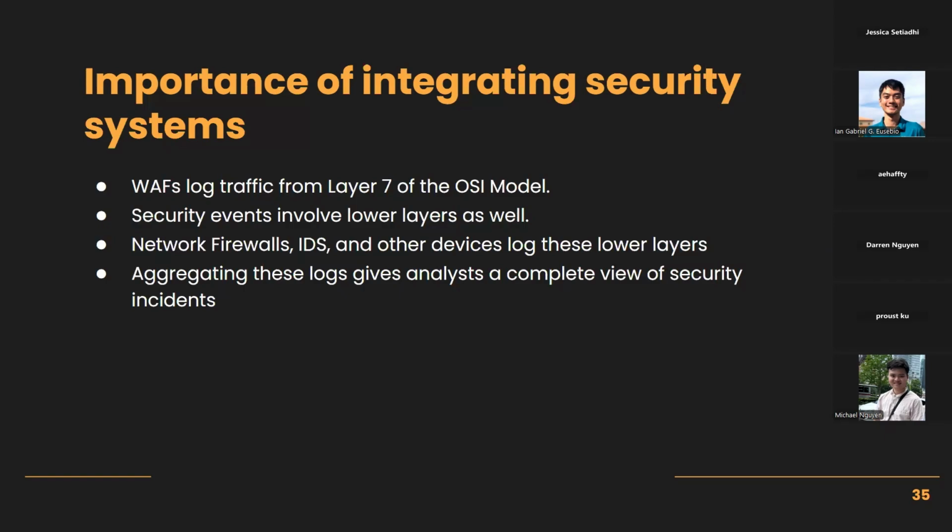Also intrusion detection systems, which could find out who's trying to get into the network, and other devices that create logs from lower levels. Combining all these logs into one central place allows security analysts to properly understand what a security incident looks like.